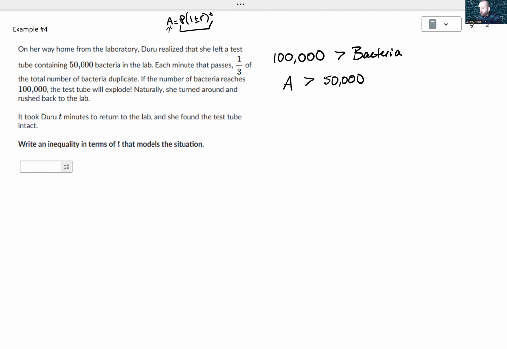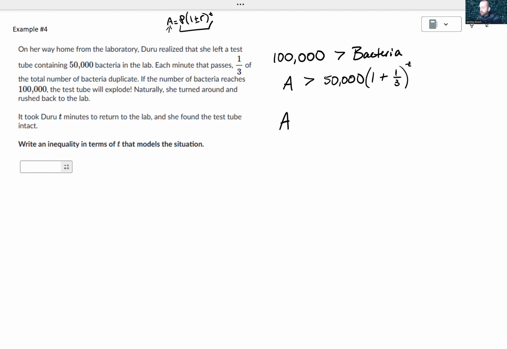So our starting amount is 50,000 times 1 plus our rate, in this case 1/3 or 0.33 repeating. I'm going to write just 1/3 though to make sure it's exact. And then that's going to be to the power of t. And then we just simplify this.